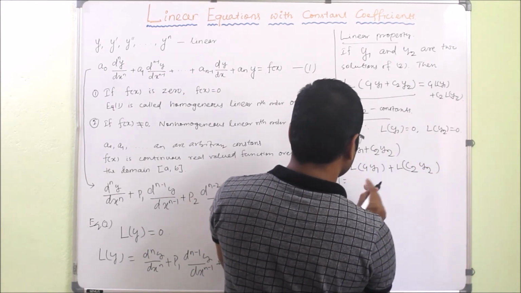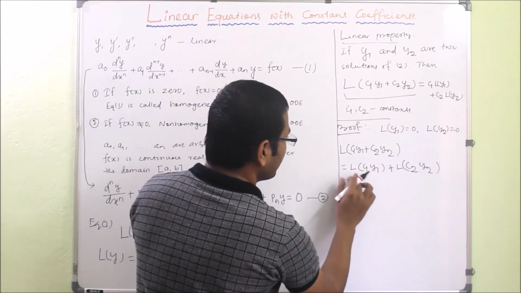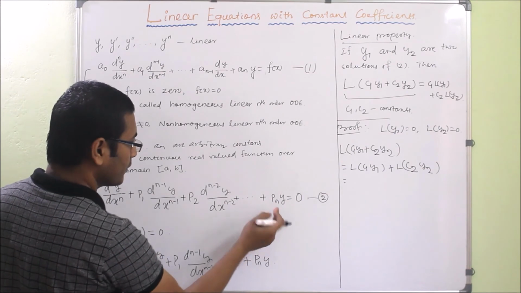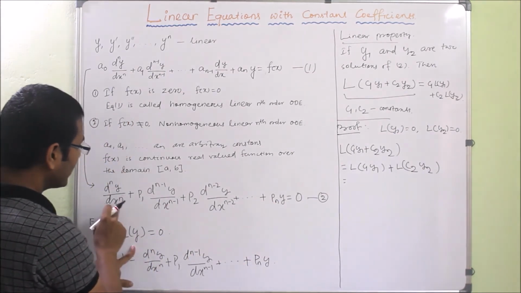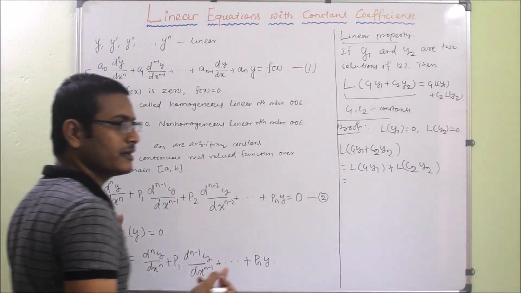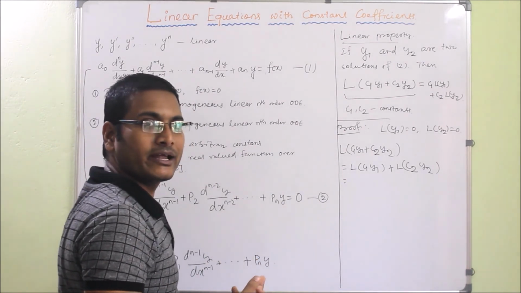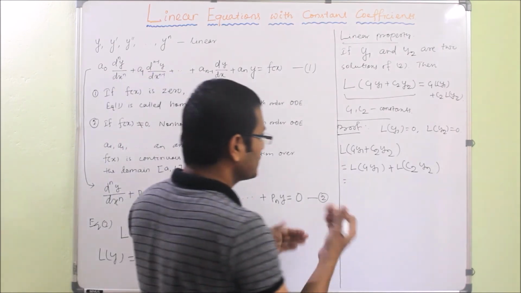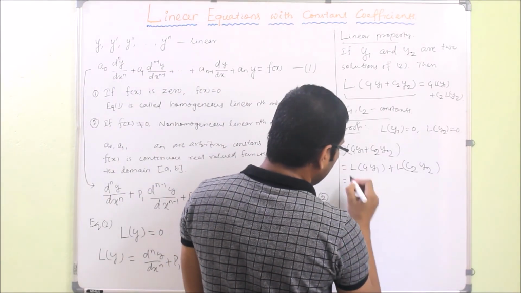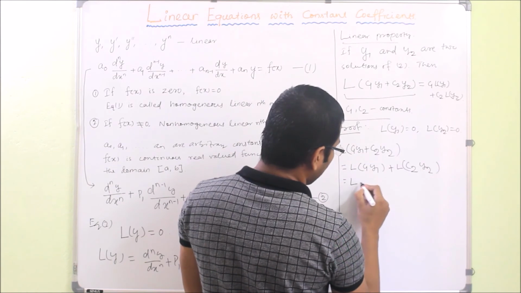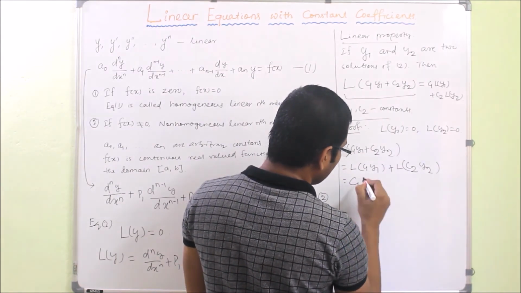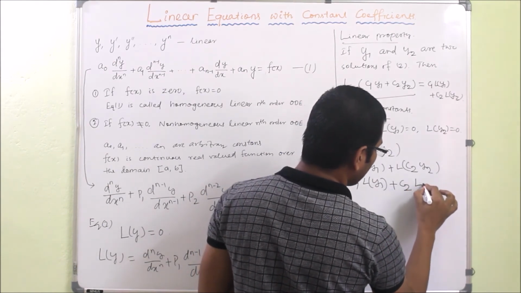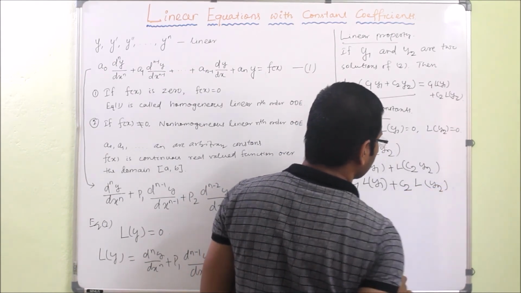Just see carefully, in place of y, if we put C1 y1, what will happen? In every derivative there will be a constant multiplied, and the constant will be taken out of the derivative and we write the rest. So we will write C1 L of y1 plus C2 L of y2.